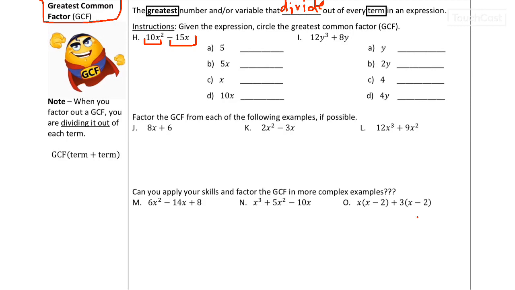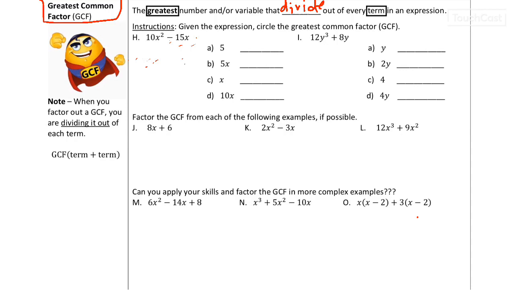Now that we know some vocabulary, we want to figure out what factors, or what's the biggest number that can divide out each term. If we look at example H, we are trying to figure out what's the biggest number that can divide 10 and 15.